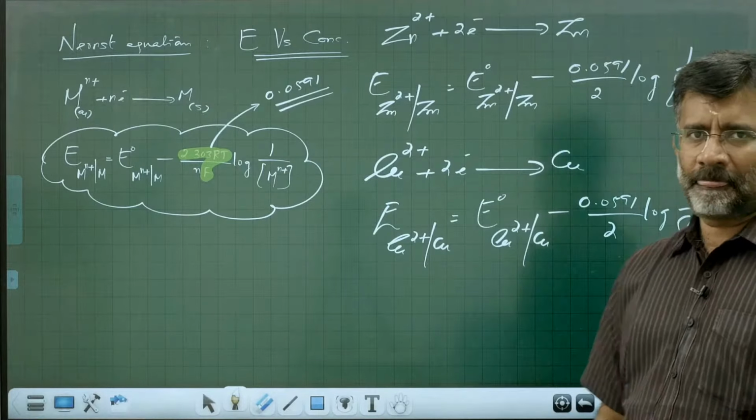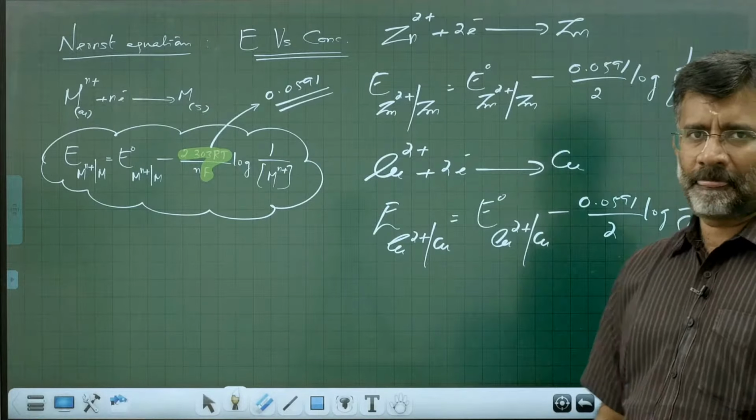Now for a general reaction, considering the normal hypothetical equation, a moles of A plus b moles of B giving c moles of C plus d moles of D, how do we write? It will be E cell is equal to E naught cell minus 0.0591 by n log product by reactant.